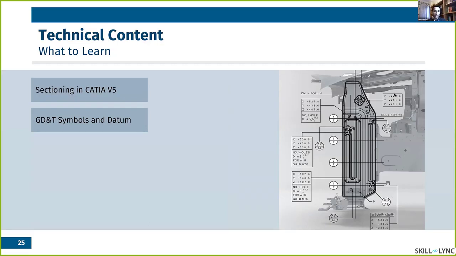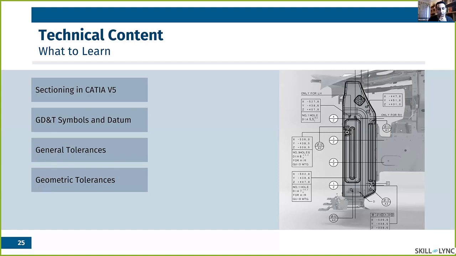Then I would teach you the general tolerances, geometric tolerances, which are all these symbols shown here and are not that difficult to learn. Then I would speak about the most crucial thing that you will learn here, which is the stack-up analysis. And I would speak about this section very comprehensively.